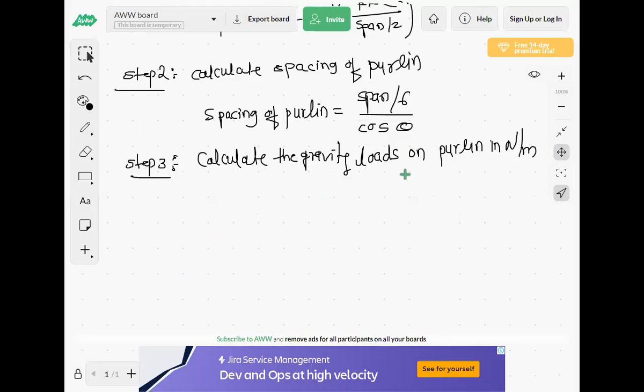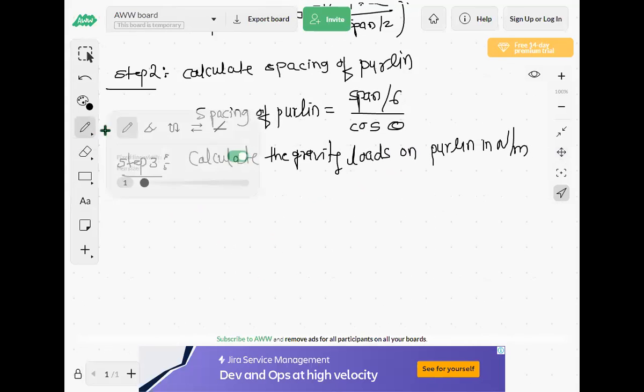Loads: now dead load, live load and wind load. So how to calculate gravity loads? Third step is calculate gravity loads on purlin.